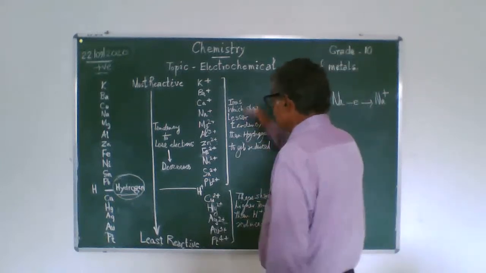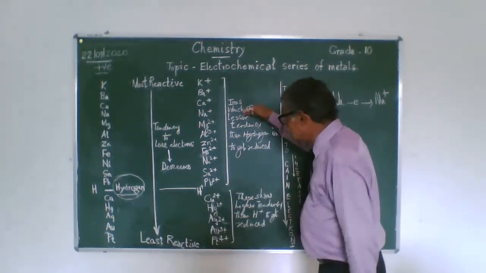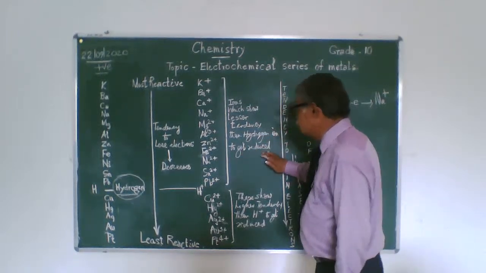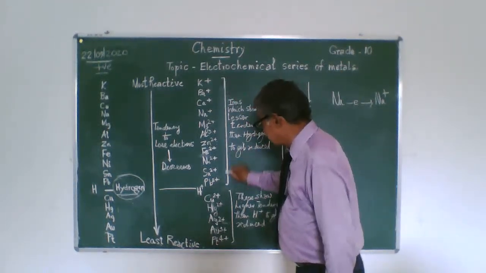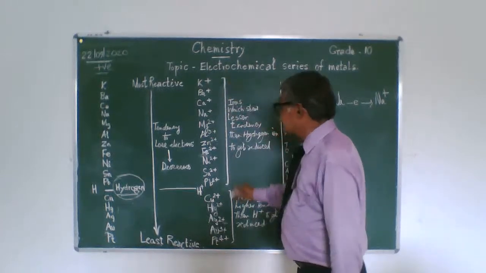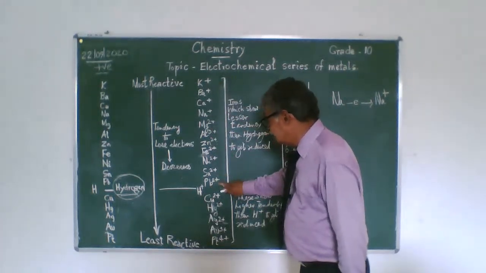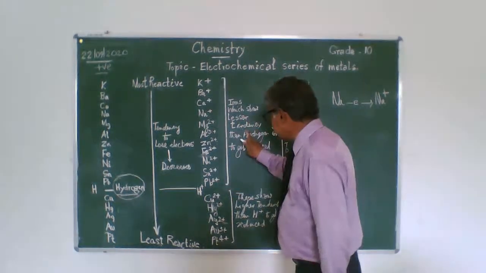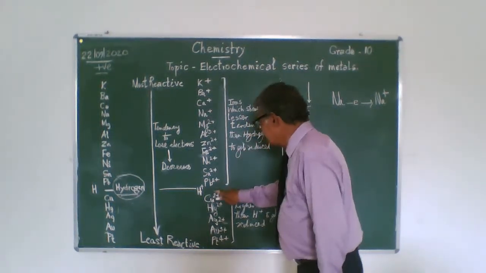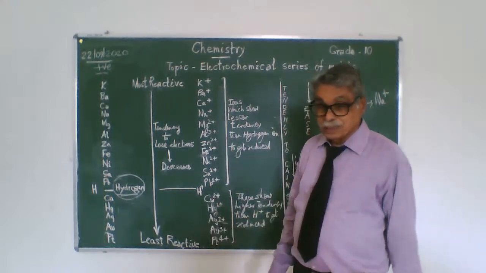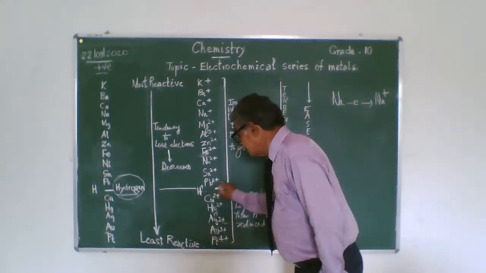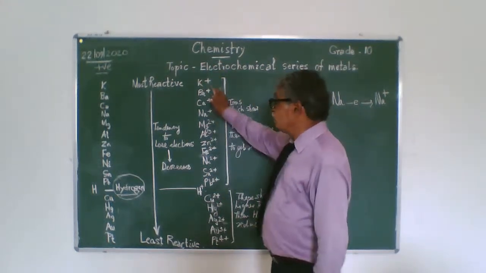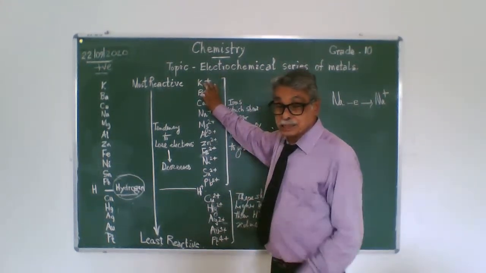Now, look into this aspect. These ions, from potassium to lead, show a lesser tendency than hydrogen ion to get reduced. That means hydrogen has a greater tendency to get reduced than these.